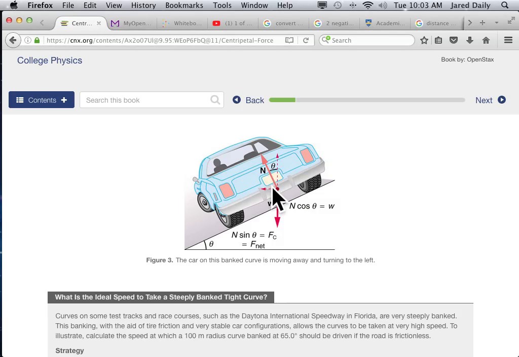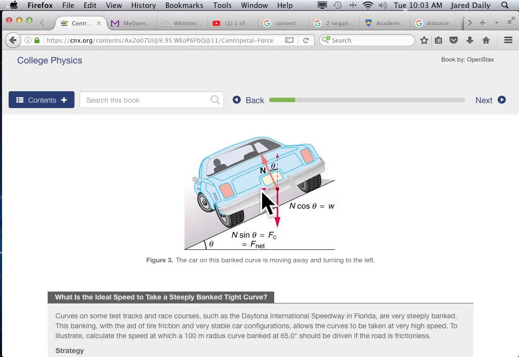Where's the force that keeps you towards the center of the circle? It's still pointing towards the center of the circle. And the good thing is that part of your normal force is pushing you towards the center of the circle. So the normal force from the ground does part of the turning for you, so it doesn't have to all be done with friction.